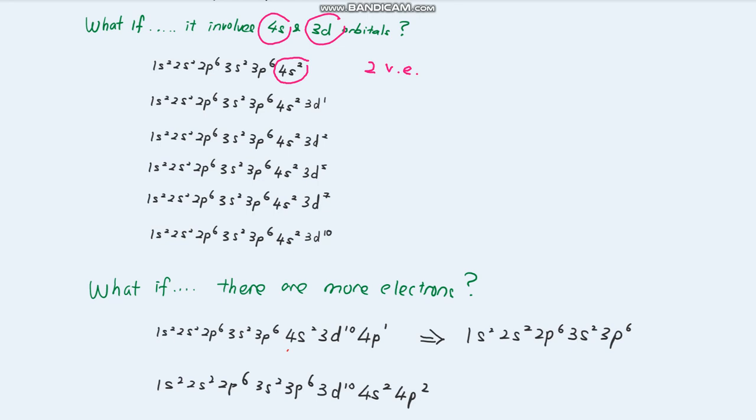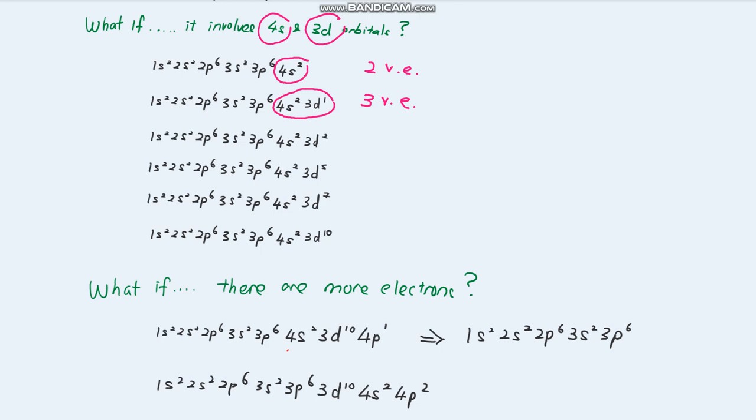The second example is here, 3s2, 3p6, then you have 4s2, 3d1. So whenever you see 4s and 3d appear at the same time, then you have to consider both of this. 4s2, 3d1. So altogether give you 3 valence electrons. Alright, consider both electrons in 4s as well as 3d.